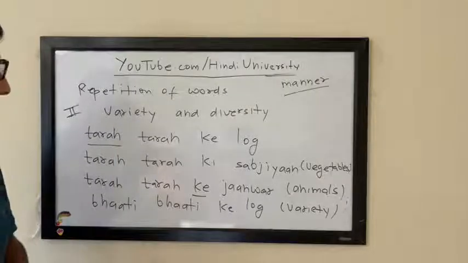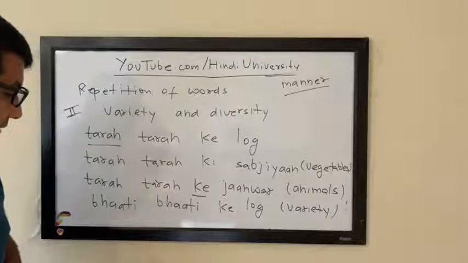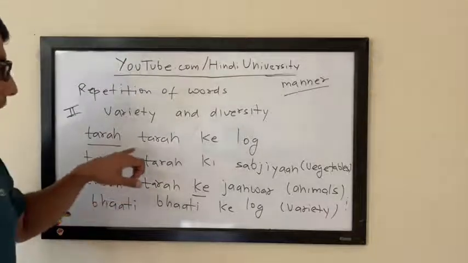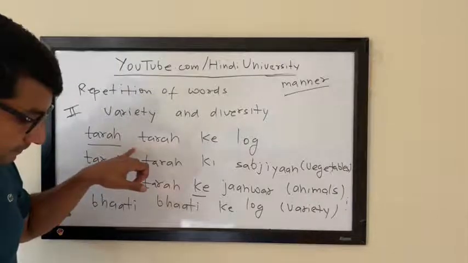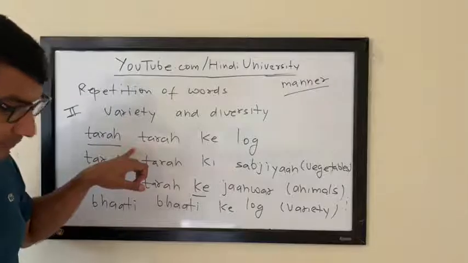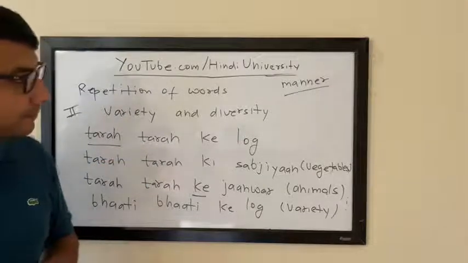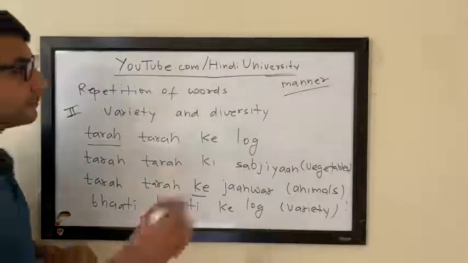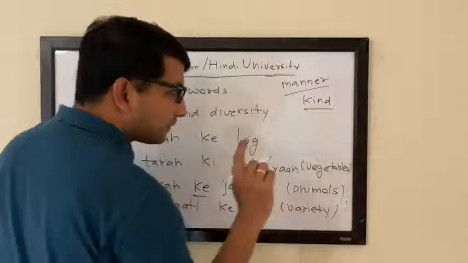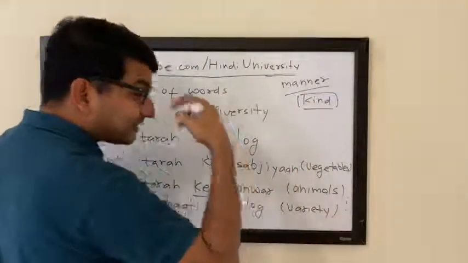But the word tara and bhati, what is their meaning? I think she means like the one kind of water. That would be kind of. Yeah, that's what I thought it was. So it makes sense to me that tara would be like different kinds, right? Which is diversity. You are right. Let me take a step back.